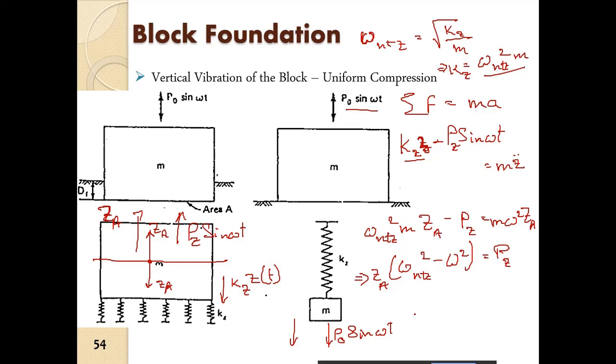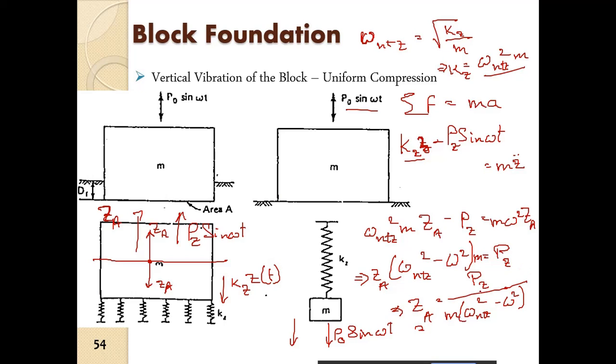Ultimately we can find the maximum amplitude. za is equal to pz by m, sorry, here there will be m, so m into omega n tz square minus omega square.